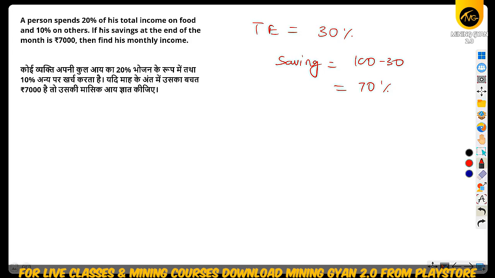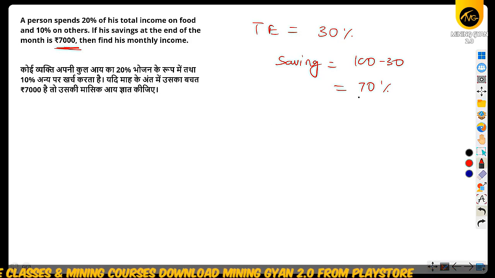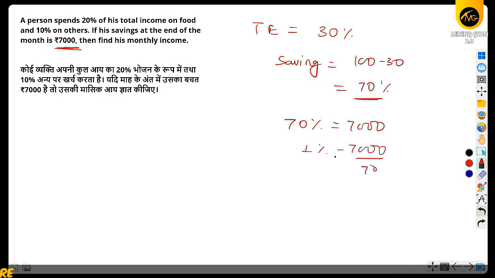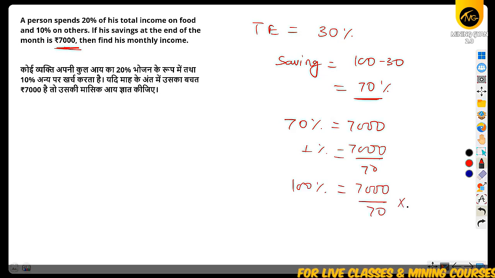Now, if his savings at the end of the month is 7,000, that means 7,000 is equivalent to 70%. So 70% is equal to 7,000, 1% is equal to 7,000 divided by 70, and 100% is equal to that multiplied by 100, so 7,000 divided by 70 into 100.